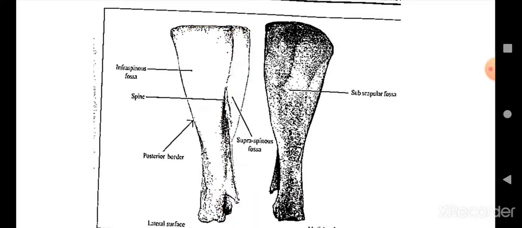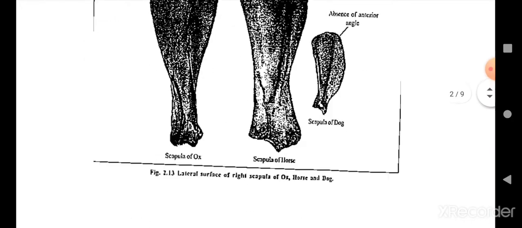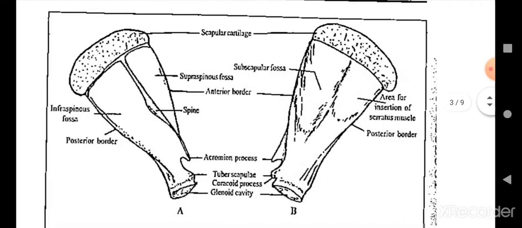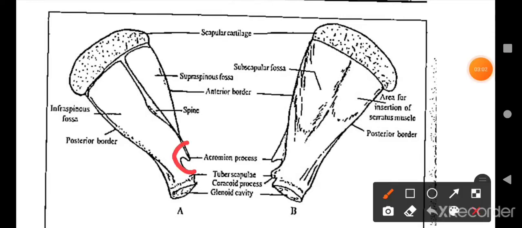The supraspinous fossa is smaller compared to the infraspinous fossa. These respective fossae help in the attachment of the supraspinatus and infraspinatus muscles. At the end of the spine, there is a small process known as the acromion process.